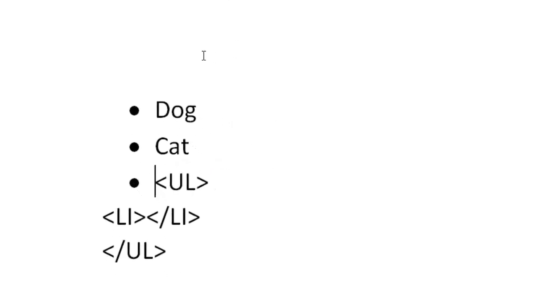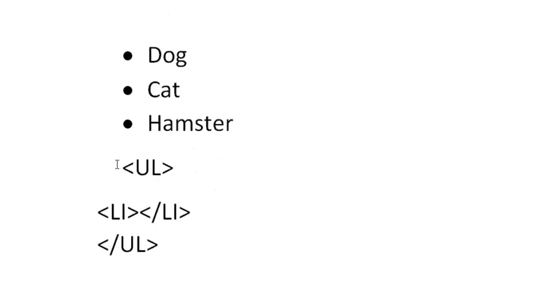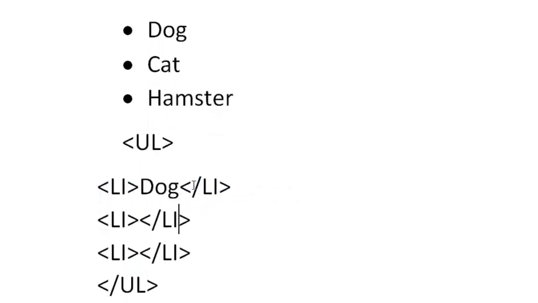So let me do this again. Let's say, for example, we want to duplicate dog, cat. So we start the unordered list with this tag, right? And then we finish the list with this tag. Now, each one of these items is going to be this, right? So this is going to be dog, cat, and hamster.